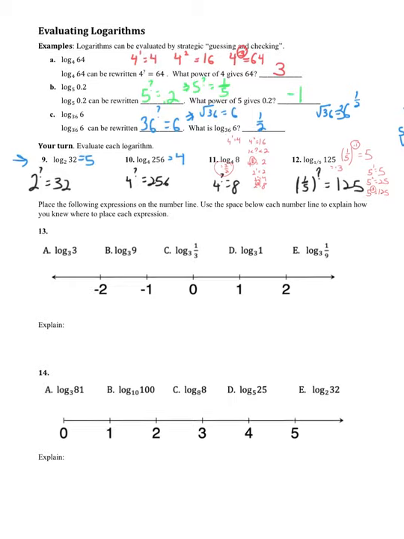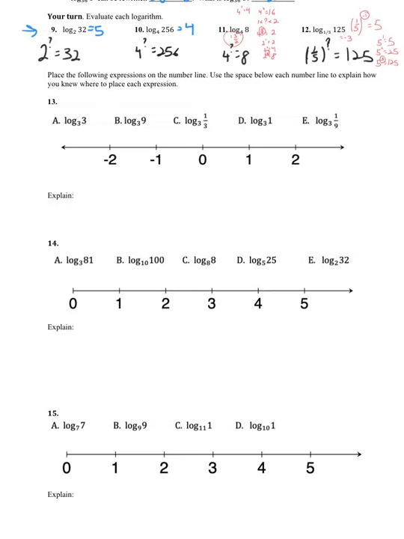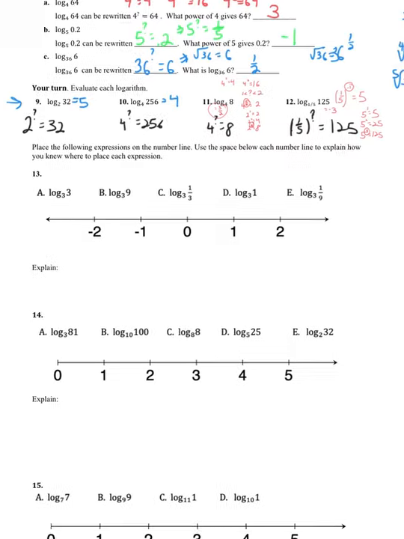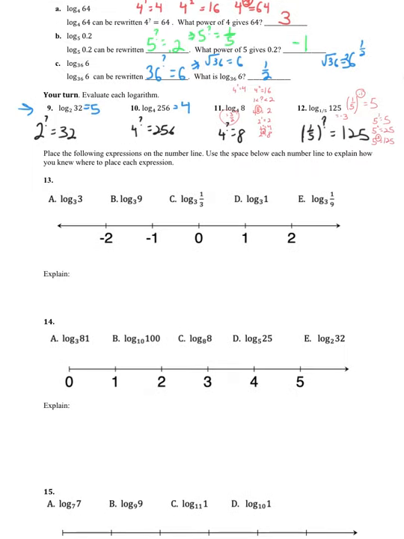All right, so the next part that I want you guys to try out, there's a lot of number lines here. We might not have enough time to get through all of them today, but we'll see what we can do. The whole idea is I want you guys to, we'll do number 13 together. It says place the following expressions on the number line.